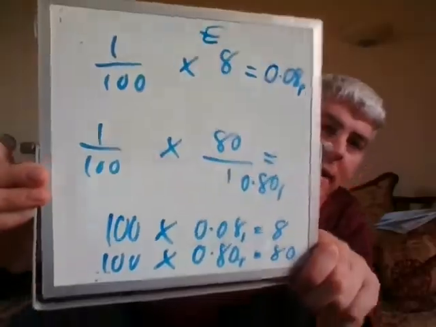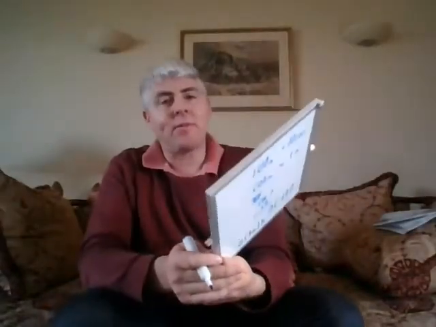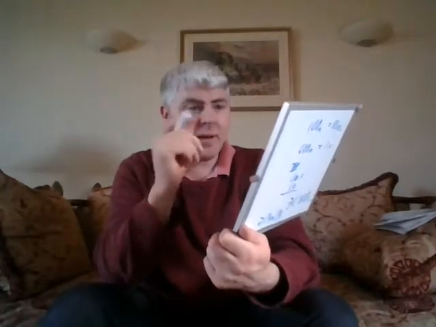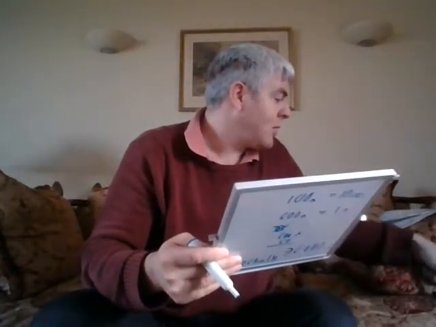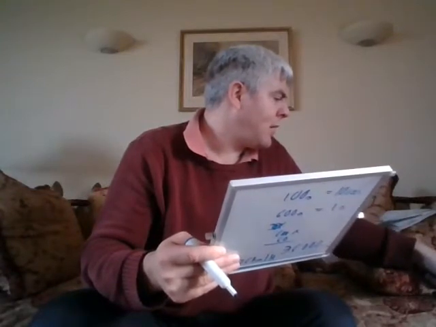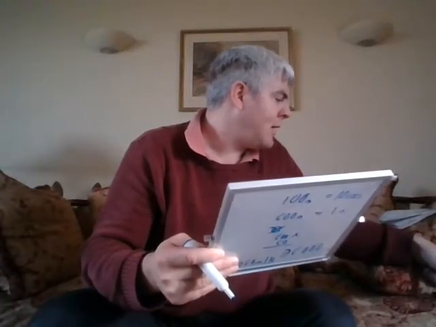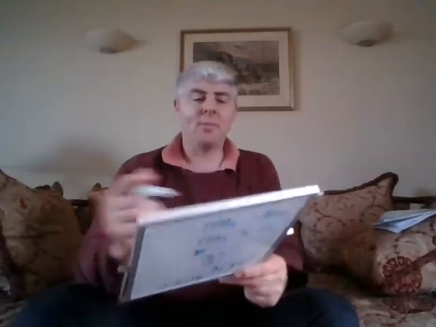If you wanted to find out what the 2% was, you just keep adding the 8p or the 80p, depending on which question you're looking at. So if it was 1% of £80, then 2% would be £1.60. So 2% of 80 is 160p. You just keep adding it up.